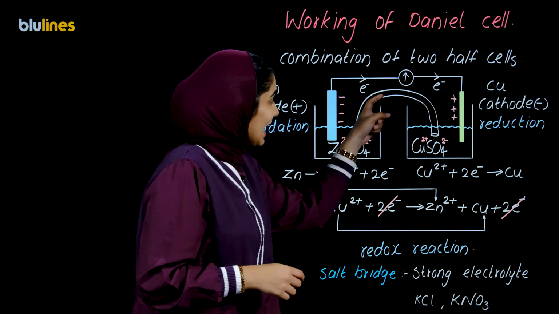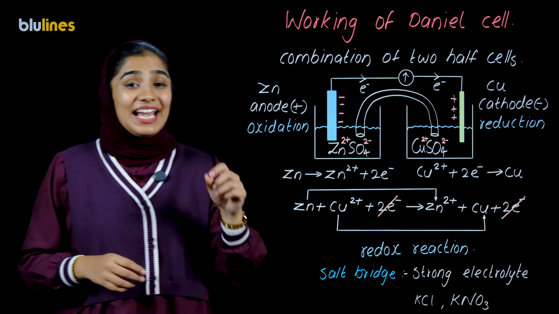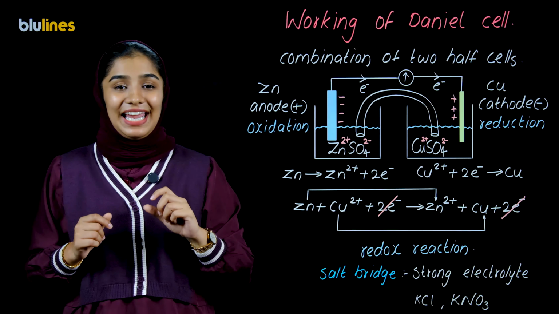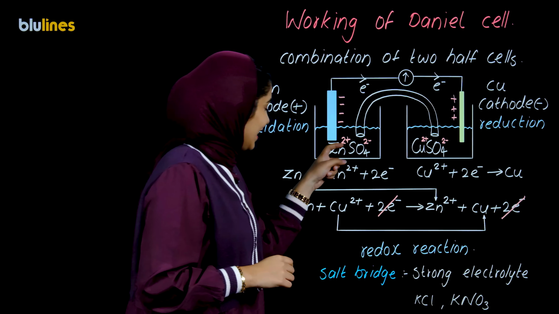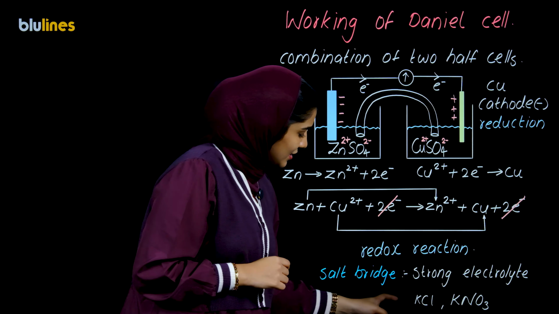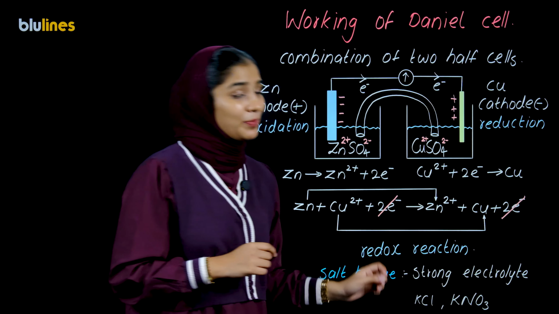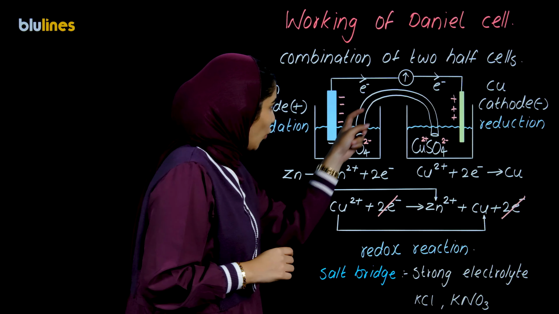So when we add KCl in the salt bridge, it actually maintains the electrical neutrality between the two half cells. That is, here Zn2+ is more. So let's consider the salt bridge strong electrolyte to be KCl. So here there is KCl and Zn2+ is more.